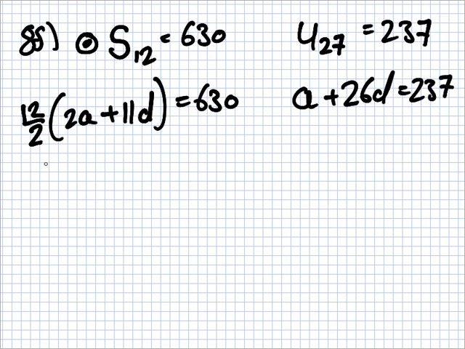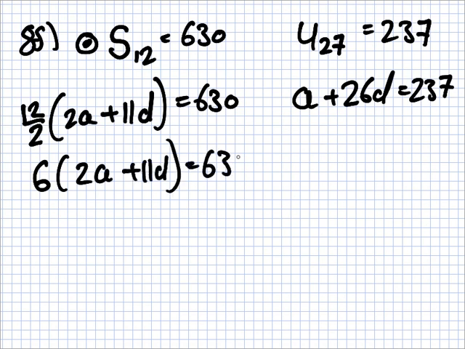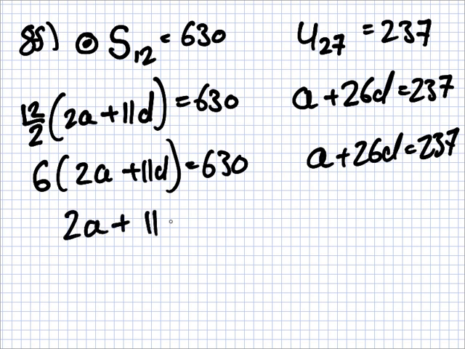So 12 over 2 is obviously 6. And this is still the same. You can divide 630 by 6, can't you? 6 into 6 once. Is it 105? Yeah. 2a plus 11d equals 105.